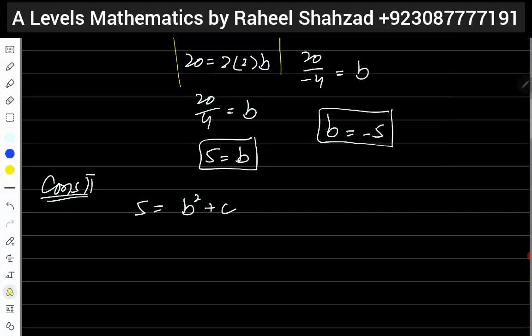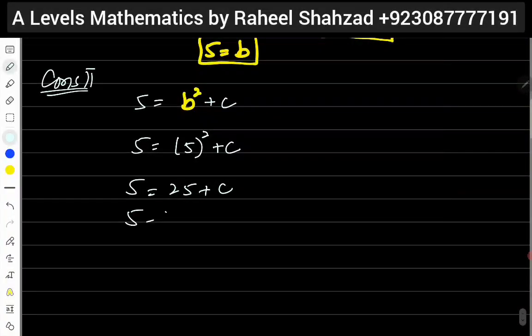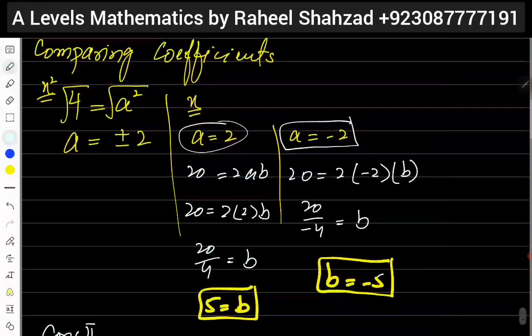Now, irrespective of whether it is 5 or minus 5, since here it is b square, this will come out positive. So 5 is equal to 5 square plus c. 5 is equal to 25 plus c. 5 minus 25 is equal to c, that is equal to minus 20. So value of c is minus 20, and a and b are 2 and 5, and minus 2 and minus 5.